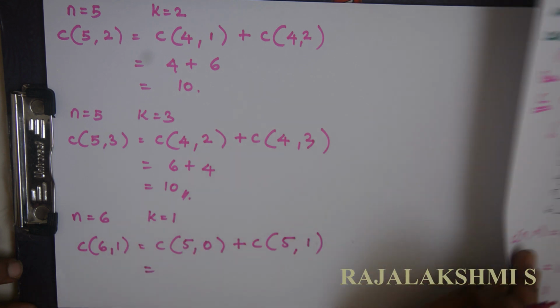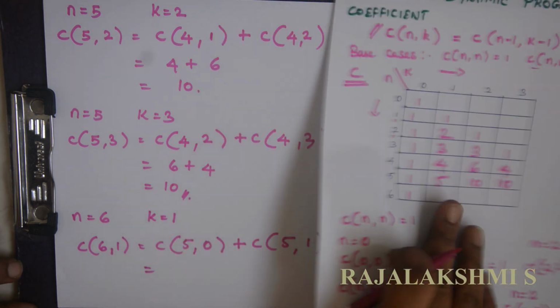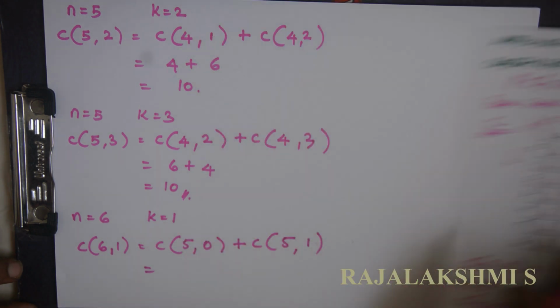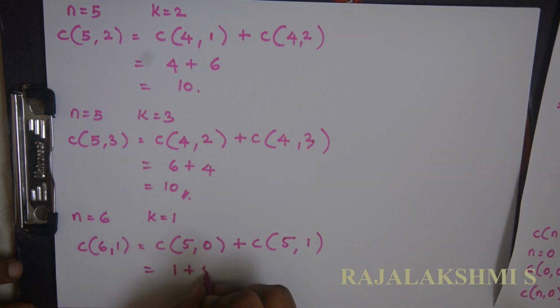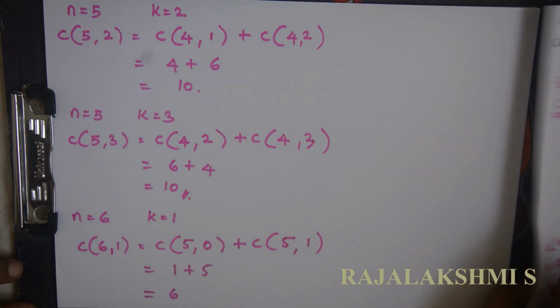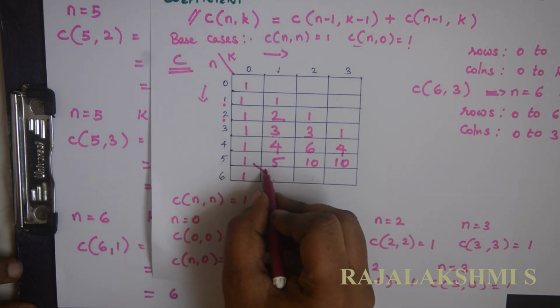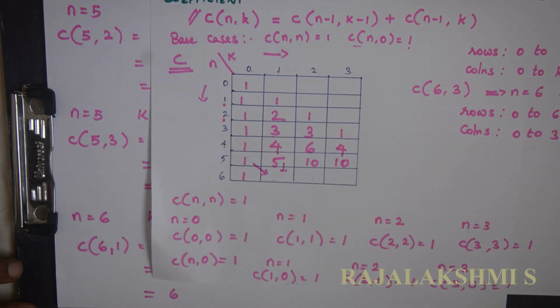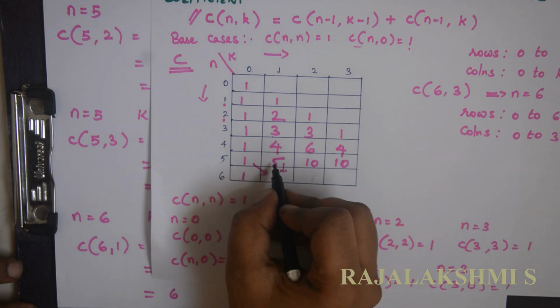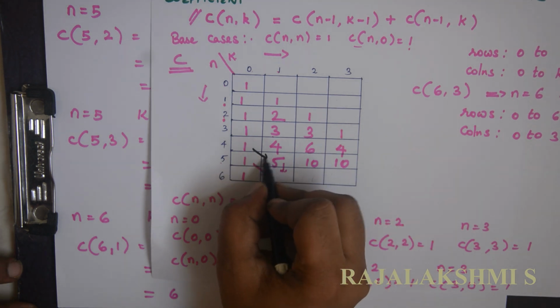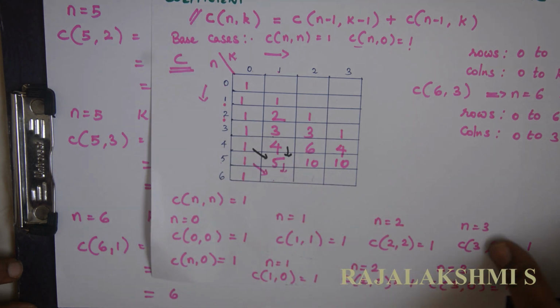So 5 comma 0 the value is 1 and 5 comma 1 the value is 5. So it is 1 plus 5, which is equivalent to 6. If we closely look, if we want this cell we have to add this and this, and similarly we can check it for anything. So if we want this 5 we should add this and this. In this way we can verify also.